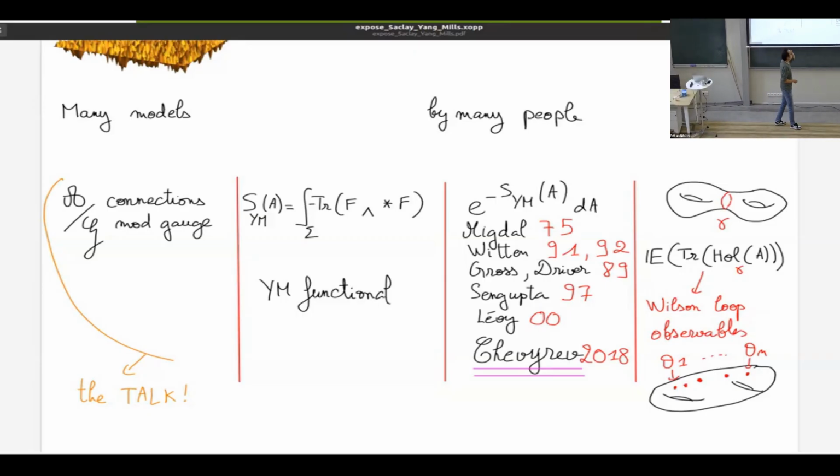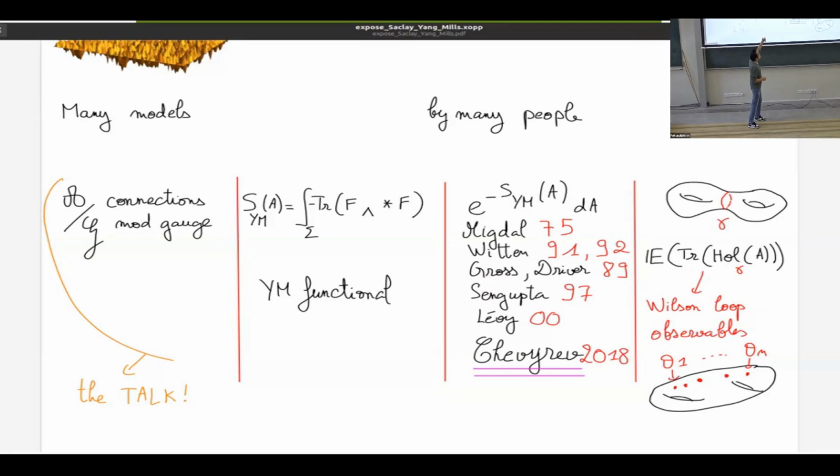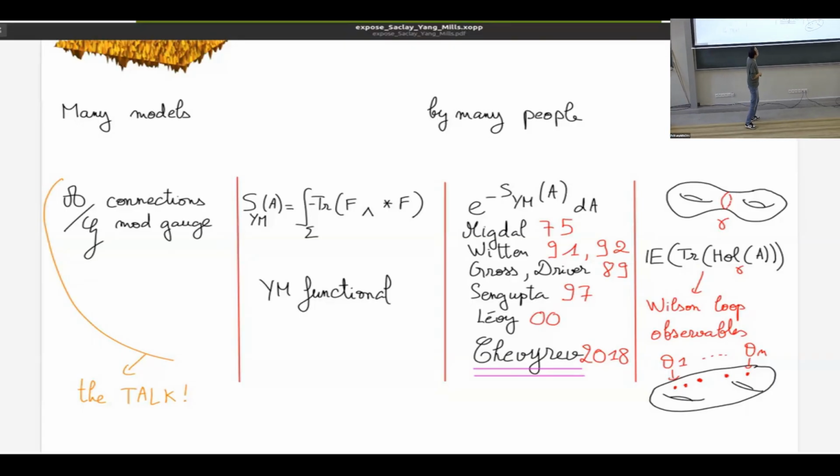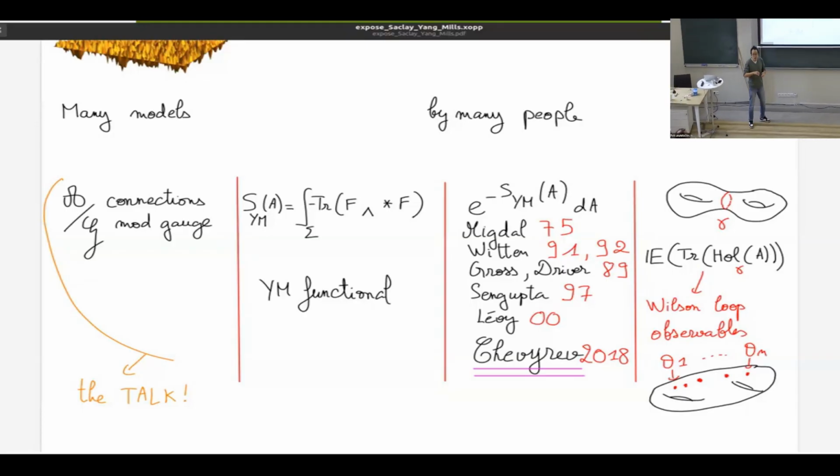So there are works in physics that go back to Migdal in the 70s, with Witten in the 90s, which is more formal. So they get the formulas for the correlation functions. In probability, there are works by Gross, Driver, Sengupta, and Lévy, who construct a holonomy process.